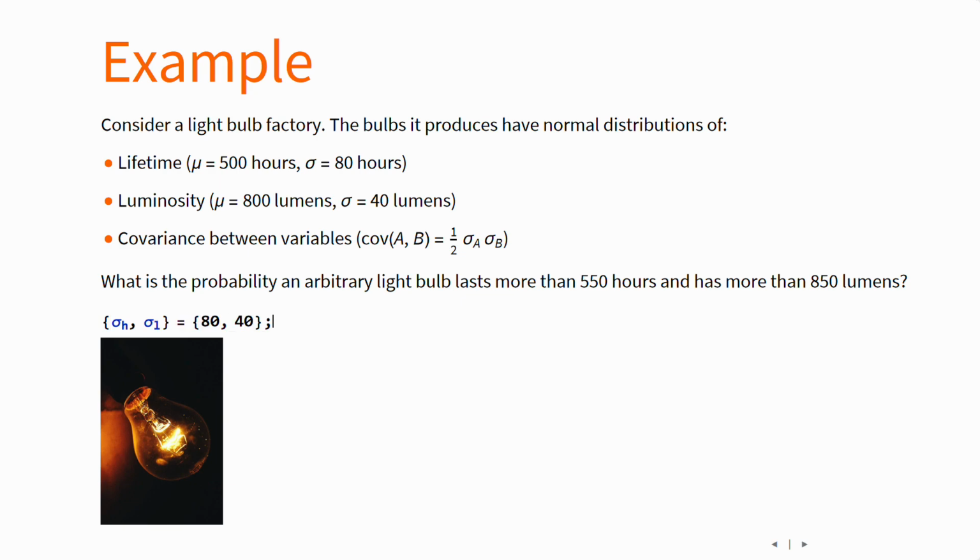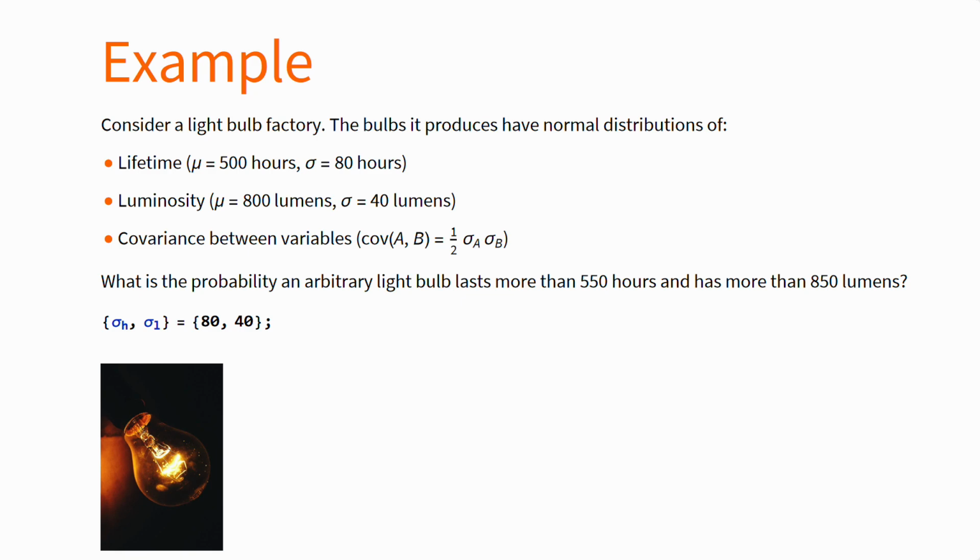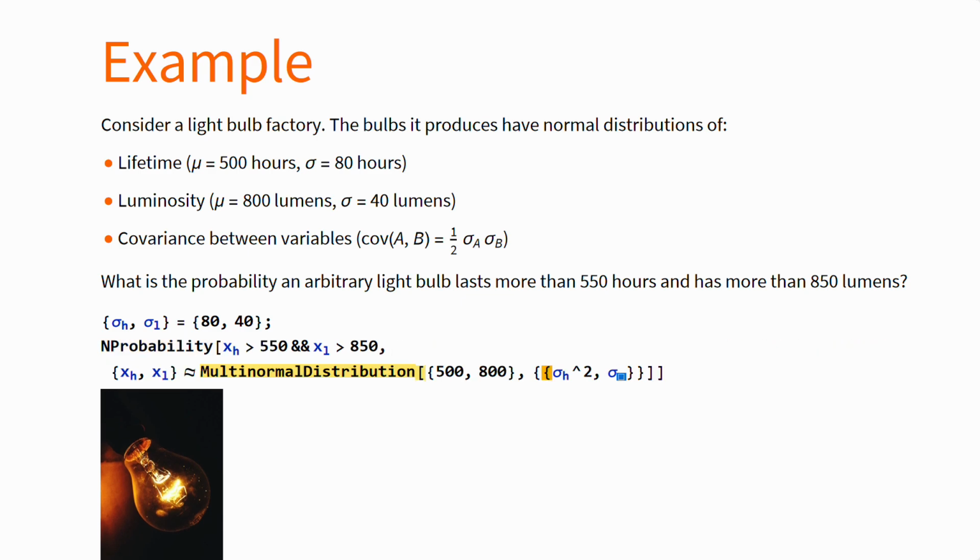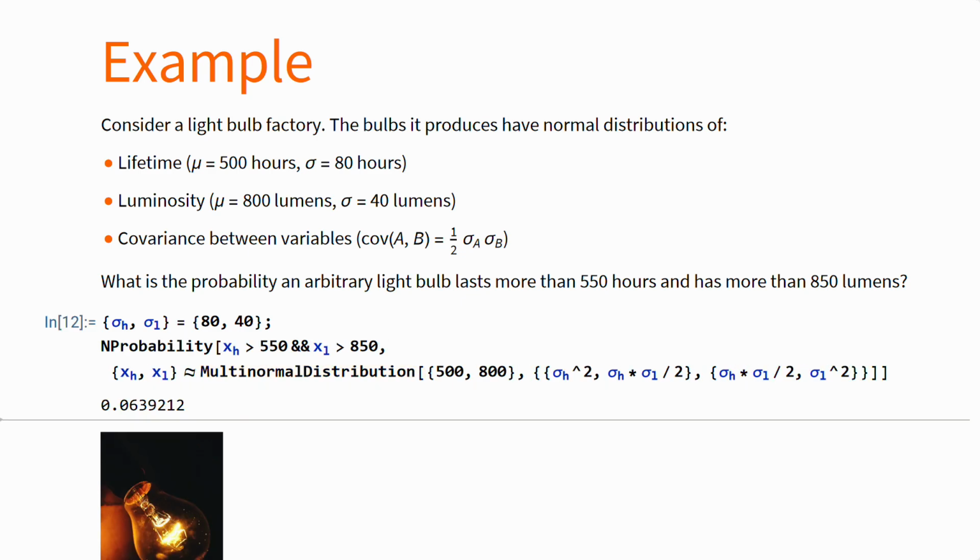Alright, so to reformulate the question in code, you want the probability of more than 550 hours and more than 850 lumens, as they're multinormally distributed over this covariance. And this significantly better than average light bulb will only occur about 6% of the time.